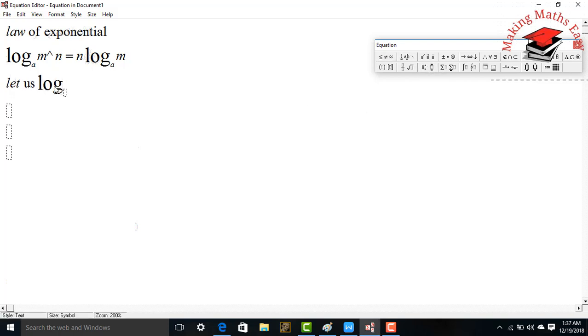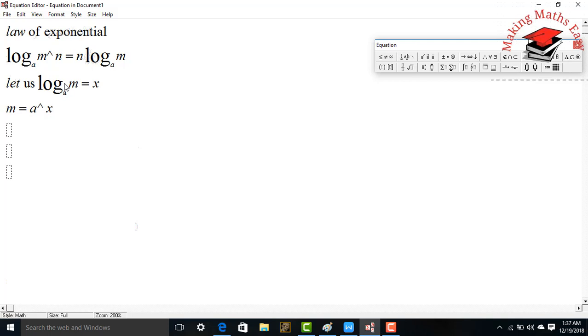So the value of x is equal to log of m base a. So the value of m is equal to a raised to x by definition of logarithm.